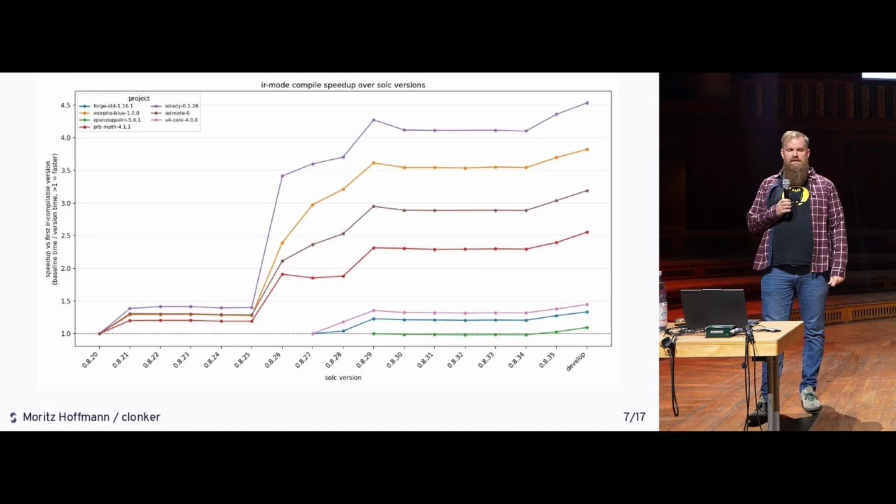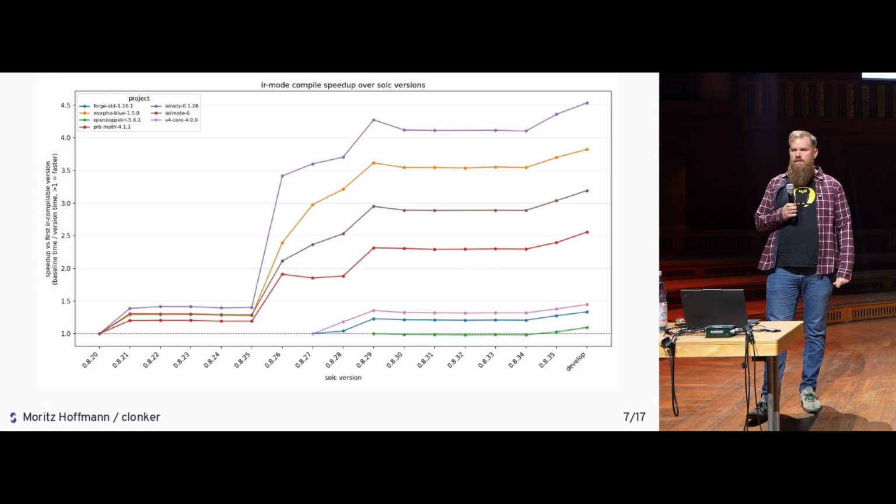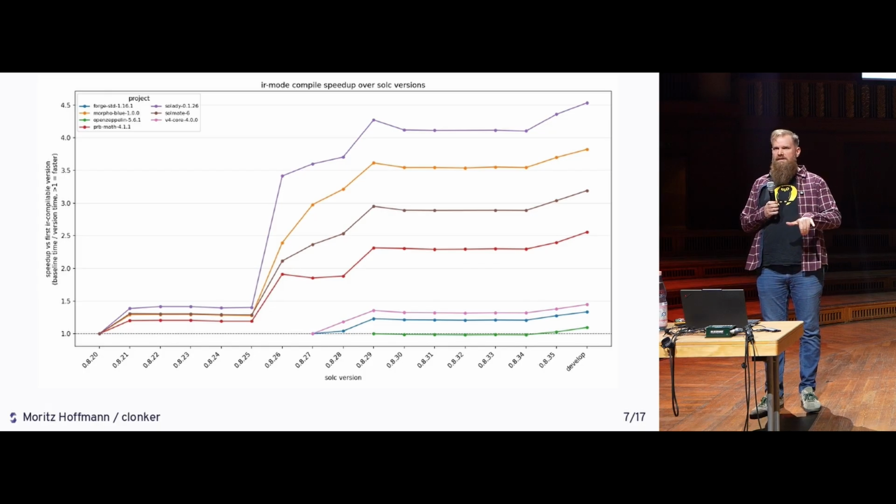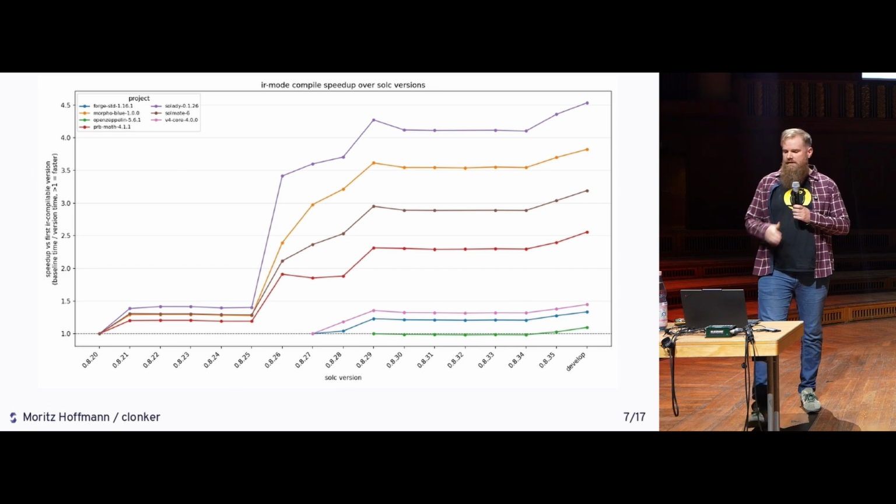And as this graph already shows, different projects have different speedups. So in the end, it's all a question of access patterns and how do I optimize what, and figuring out where the bottlenecks are.